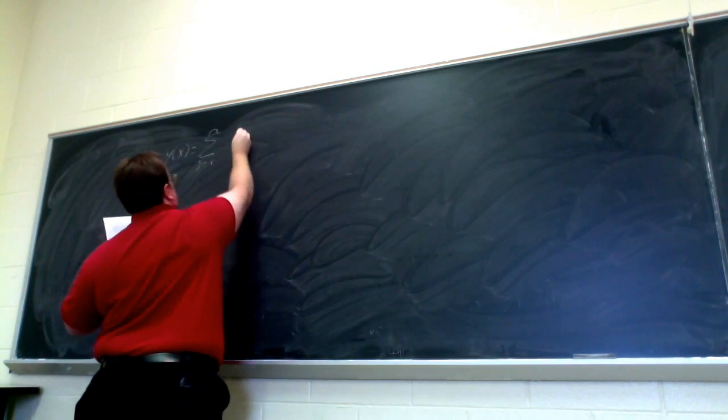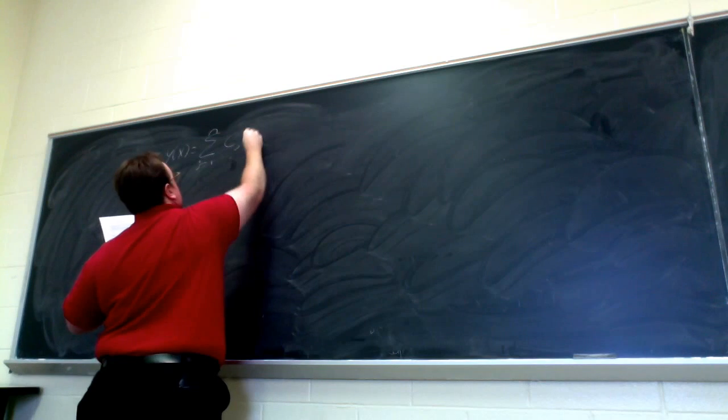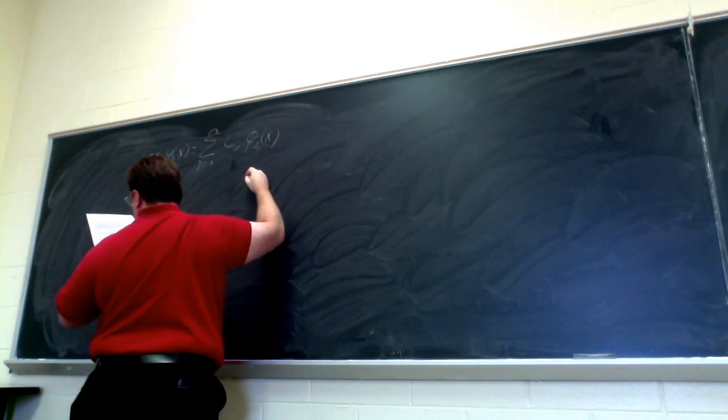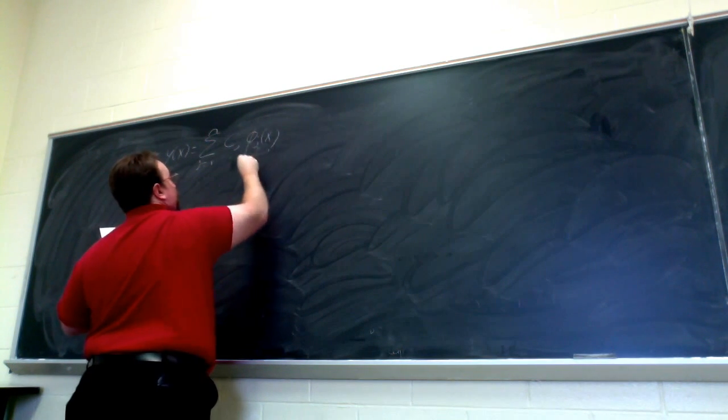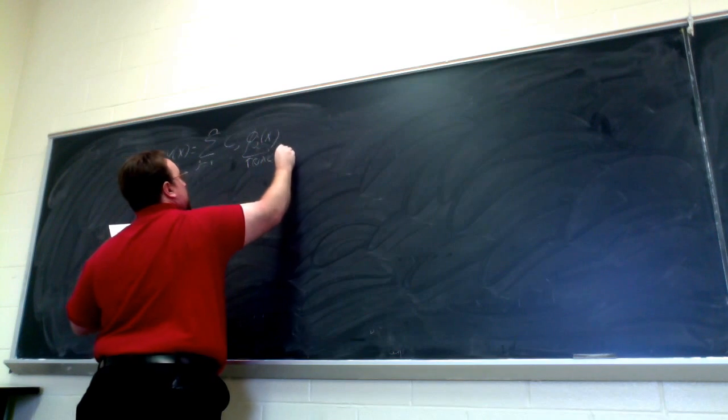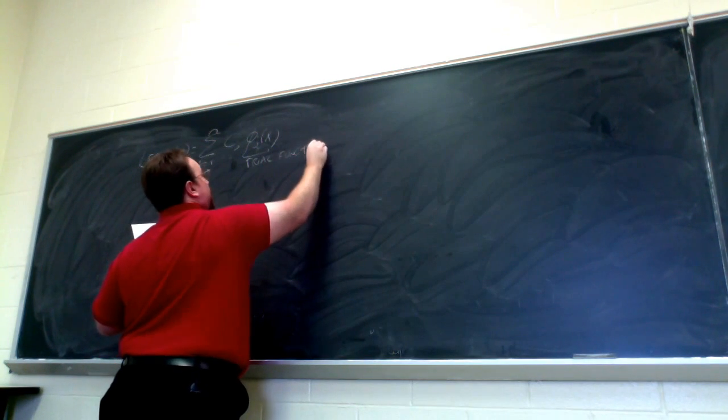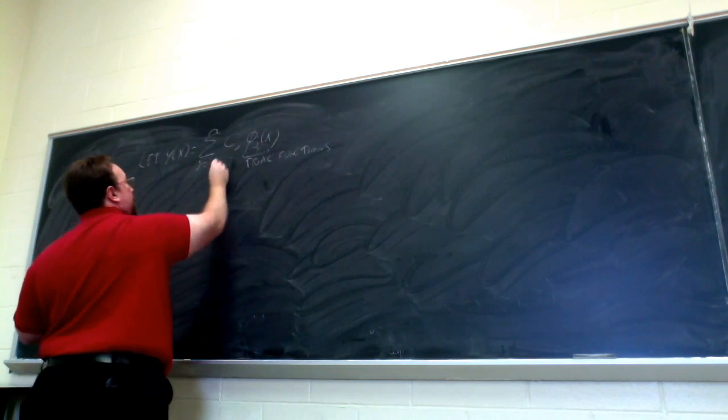It's a linear combination of n functions. These are called trial functions. So I'm trying to find a solution that is of this form. So these are my unknowns.